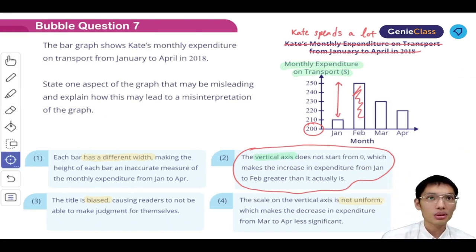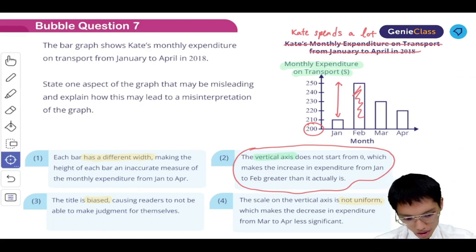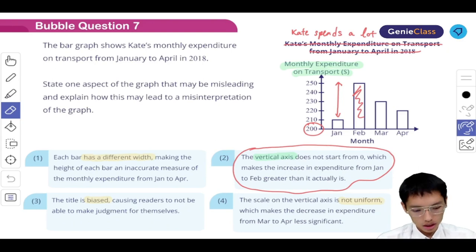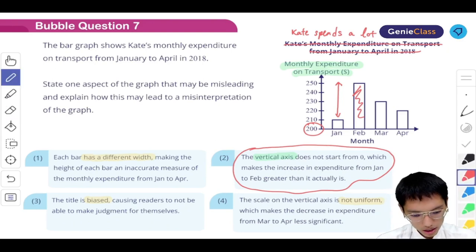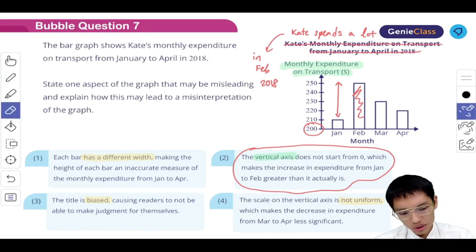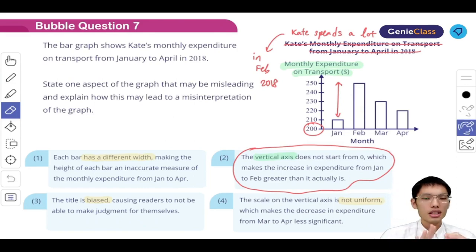I don't think you all can see the title, so let me write this out. It's a bit too high, so let me erase this part. Maybe Kate spends a lot in February 2018. As long as it is skewed towards one part of the data, that means it's not accurate already. So a lot of examples over here. I hope this gives a clearer insight.